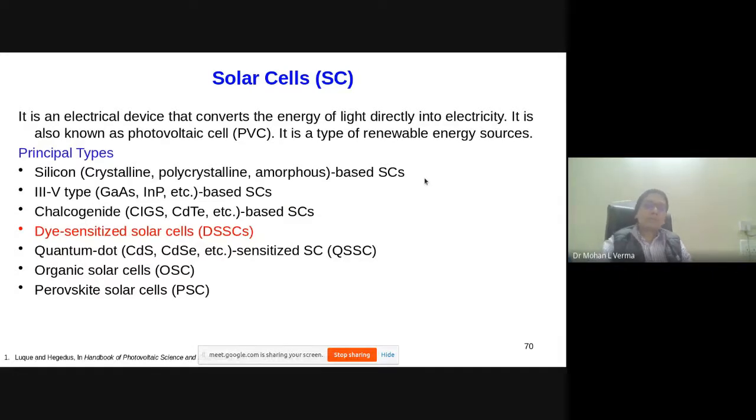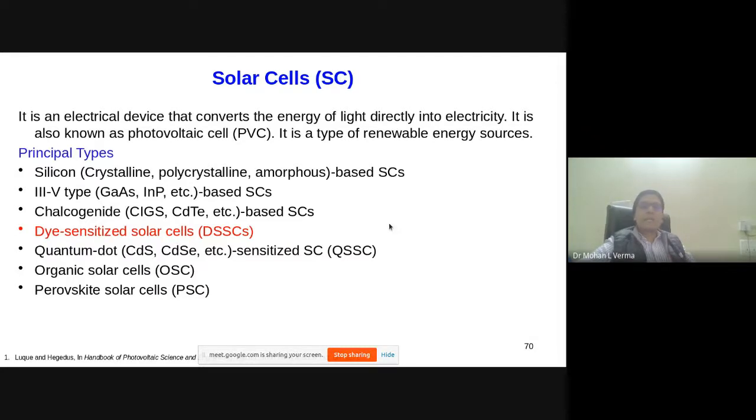Now the solar cell, and Professor Khare from NIT Raipur has given a wonderful lecture on this solar cell. So I'm not going to the details of this, but generally it is an electrical device that converts the energy of light directly into electricity. This is also known as photovoltaic cells, and these are the principal types of solar cells.